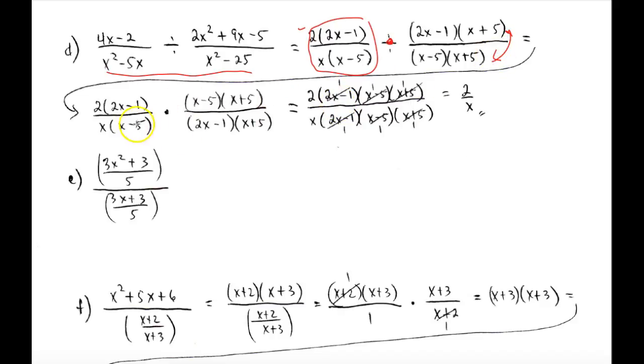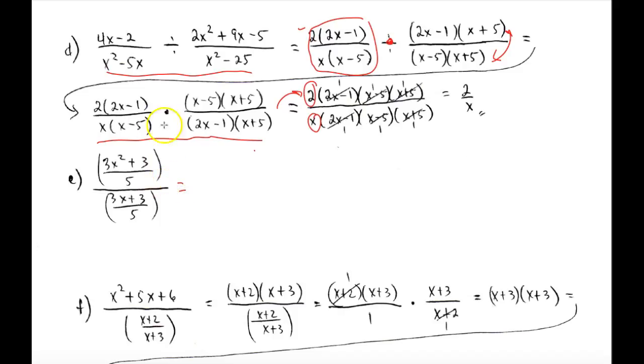And so once we do that, we see we get what we have here, and then we just reduce all that we can. And so what I did, going from this step to this step, is rewrite everything in order so that you can see how it all lines up, and then reduced accordingly. And of course from that, the only two things I had left were 2 in the numerator, x in the denominator. So that's what everything reduced to.